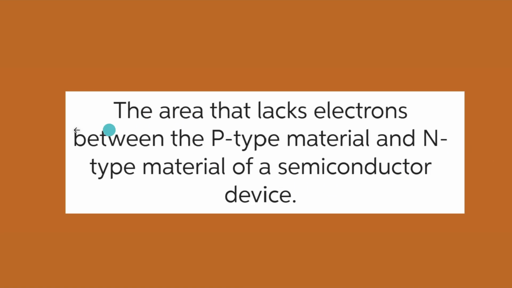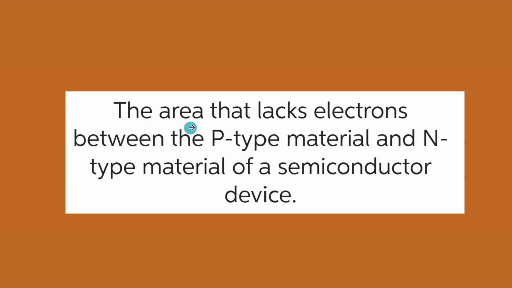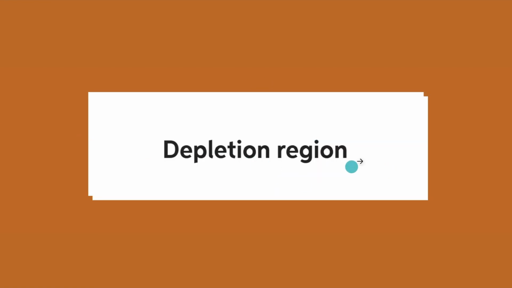The area that lacks electrons between the p-type material and n-type material of the semiconductor device. So imagine this is the area, and in the middle there is a lack of p-type and n-type material, and that thing is the depletion region.